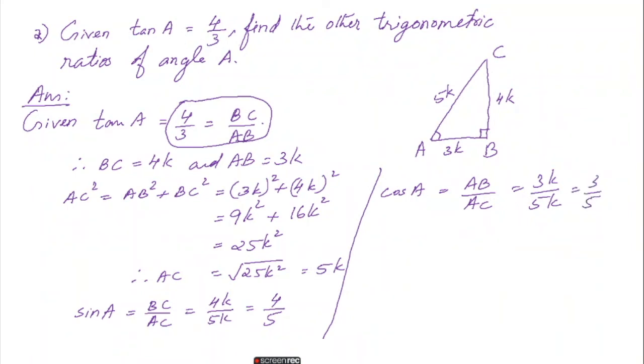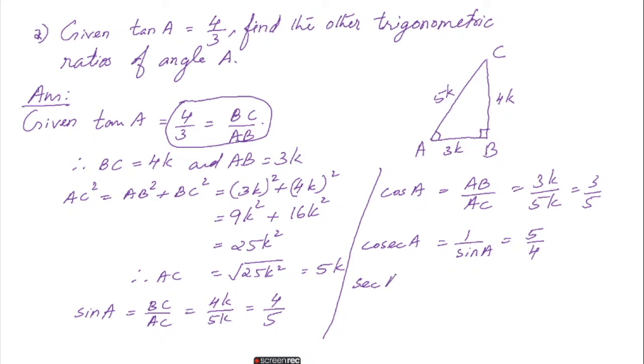Now tan A we already know, it is given. So what is next? The fourth one, it is cosec A. Cosec A, either you can find out hypotenuse divided by opposite side, or you can just find the reciprocal of sin A, 1 by sin A. So sin A was 4 by 5, so 1 by sin A becomes 5 divided by 4.